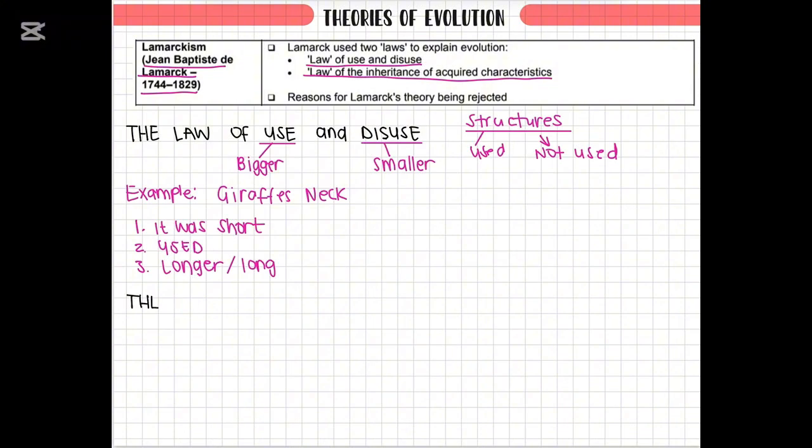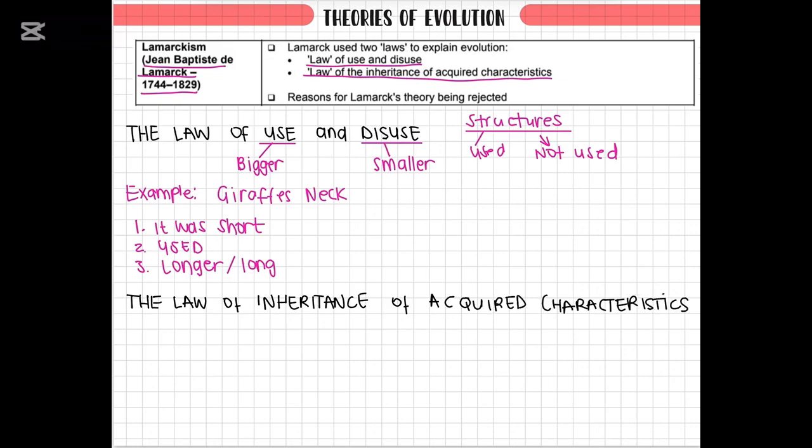Now, with the law of inheritance of acquired characteristics, on the other hand, we look at the terms inheritance as well as acquired. Inheritance simply means that it's passed on from parent to offspring, while acquired characteristics, these are developed over time or from being used or disused.